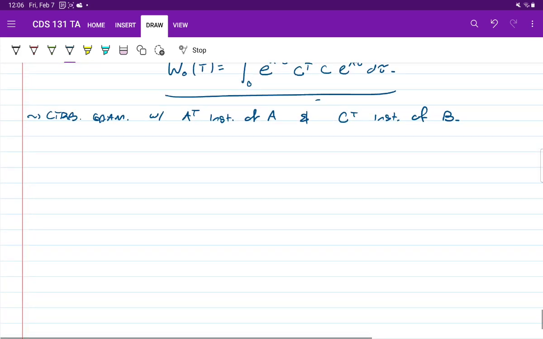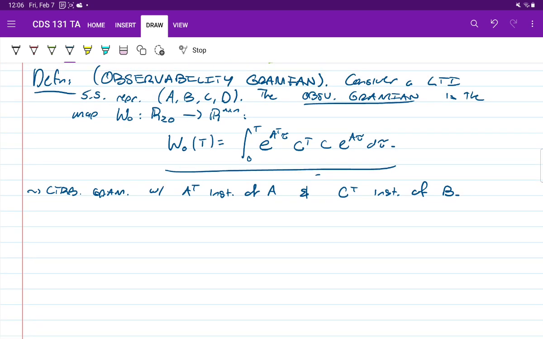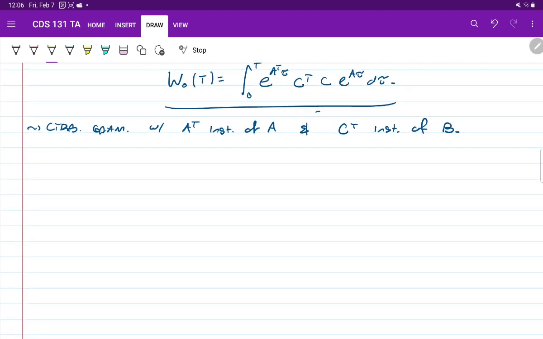As a consequence of this duality theorem, we can say this observability Gramian gives us a sharp characterization of observability, because we already know that the controllability Gramian gives us a sharp characterization of controllability. So that brings us to the theorem, the Gramian characterization of observability.